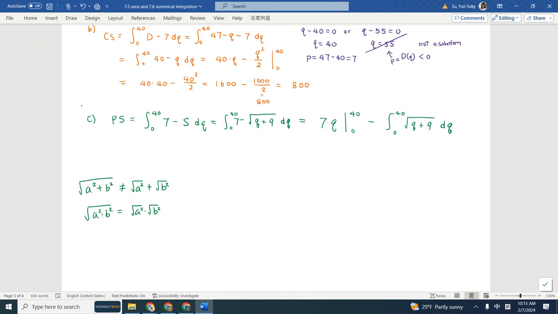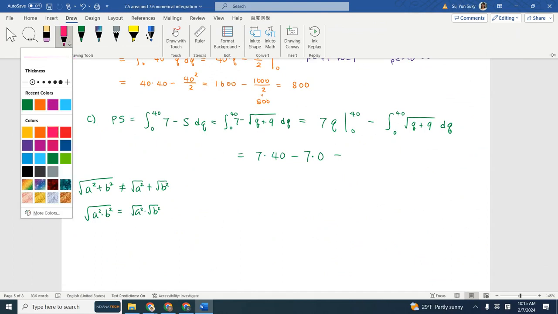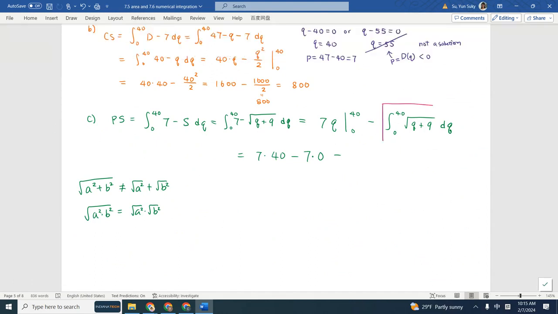Okay, so we continue. So 7 times we plug in Q is 40, right? And minus we plug in Q is 0. Then minus this part. Let's calculate that part, and after we calculate, we put the number here.